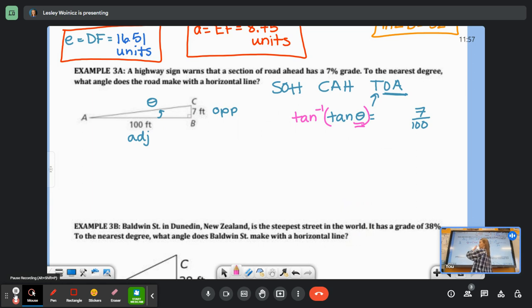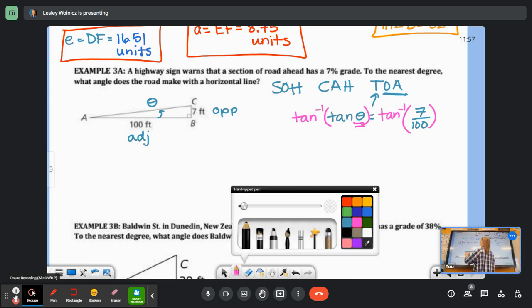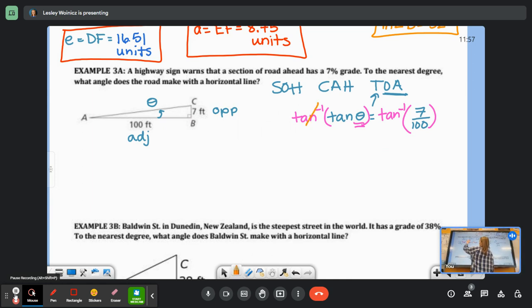And if I do the inverse tangent of this side, I must do the inverse tangent of that side. It's the function that undoes the tangent. If I feed it a ratio, it gives me an angle. So the tangent and the inverse tangent undo each other, and I'm just left with my angle theta that I was solving for.